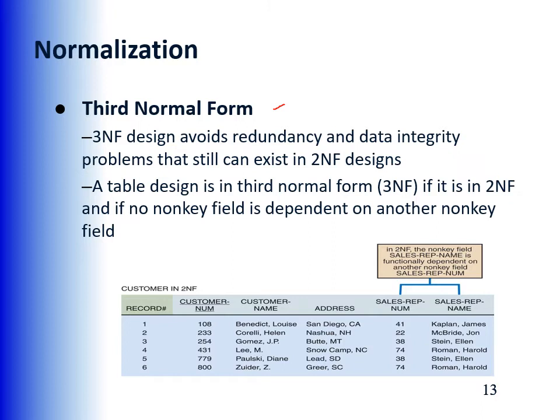For example, the customer example in this figure is not in third normal form because one non-key field, sales representative name, depends on another non-key field, which is sales representative number.